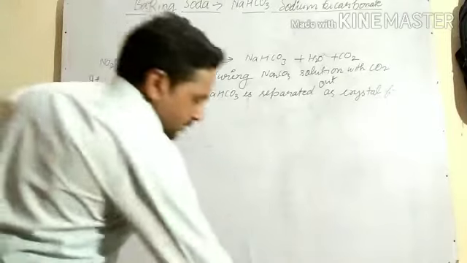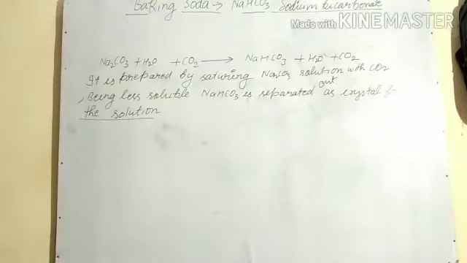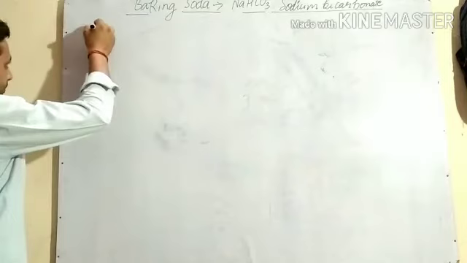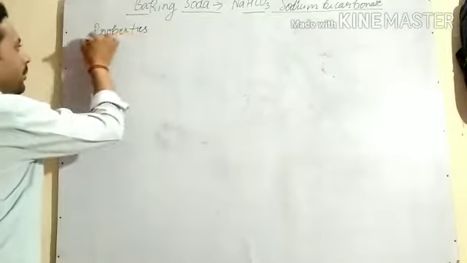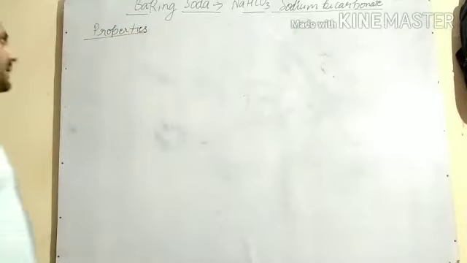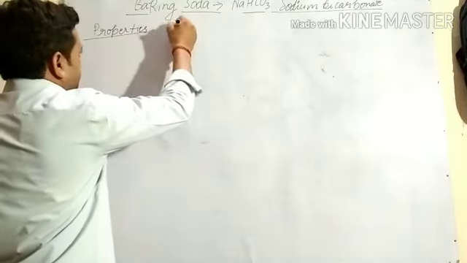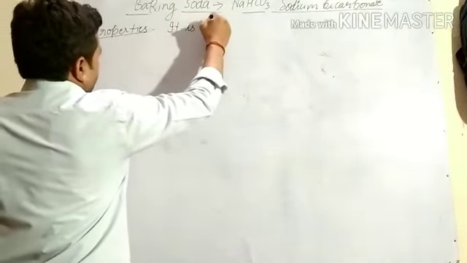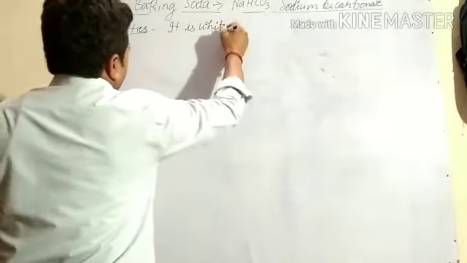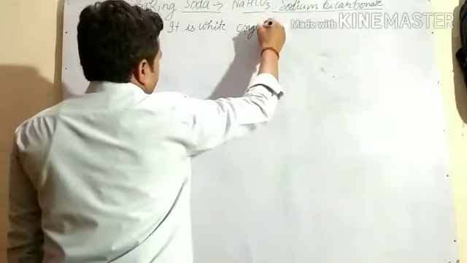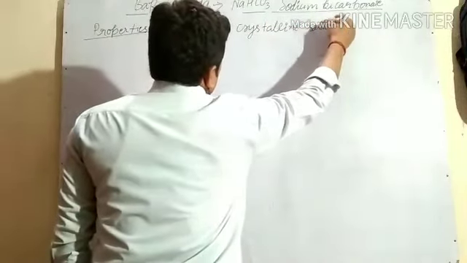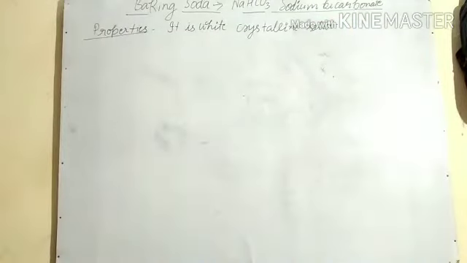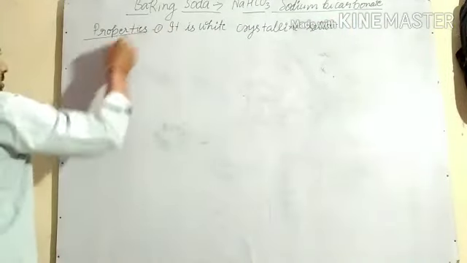Let us see the properties. First, a very common property: most compounds of alkali metals are white crystalline solids.